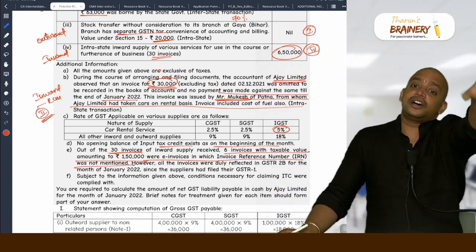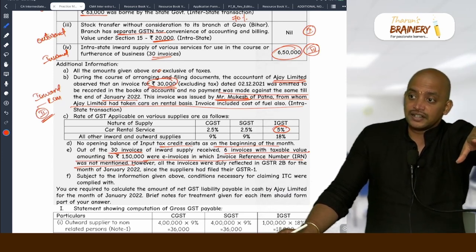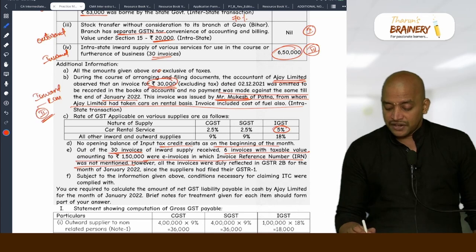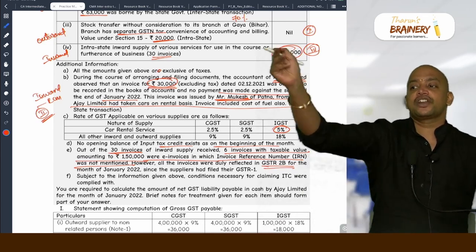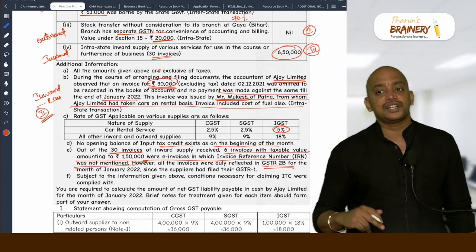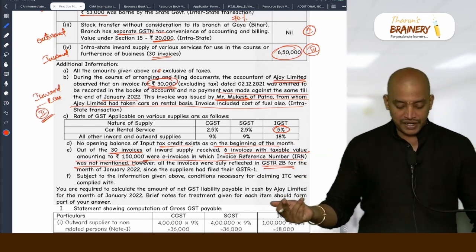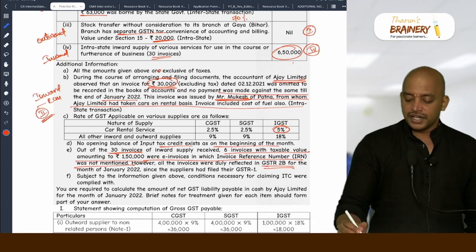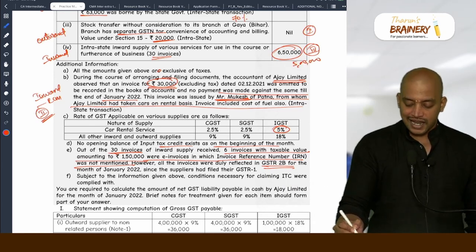The supplier has not given an E-invoice. So, we cannot take ITC. However, all these invoices were reflected in 2B. Even then, we cannot take ITC because the supplier is required to give an E-invoice and he gave a normal invoice. So, we cannot take ITC with respect to this 1,50,000. Out of this, only 5 lakhs can be taken.